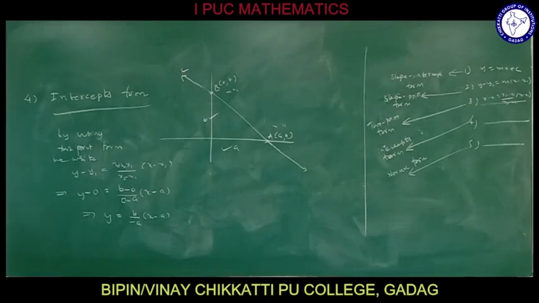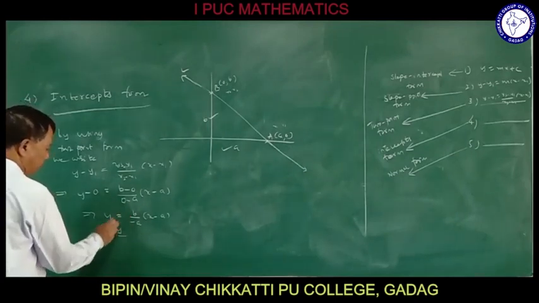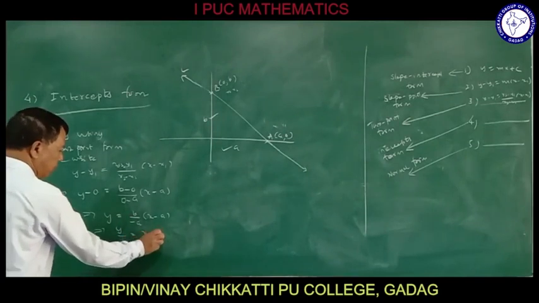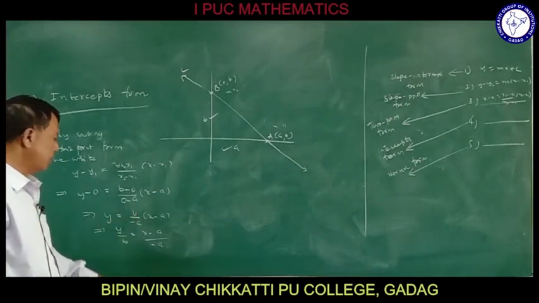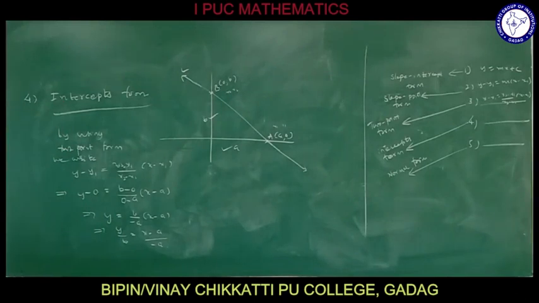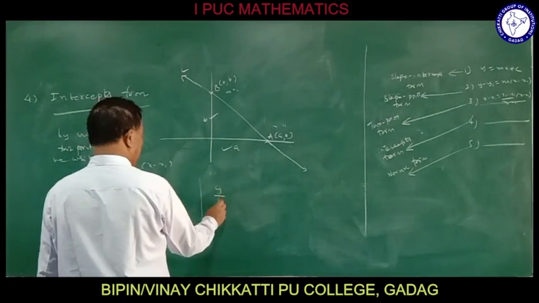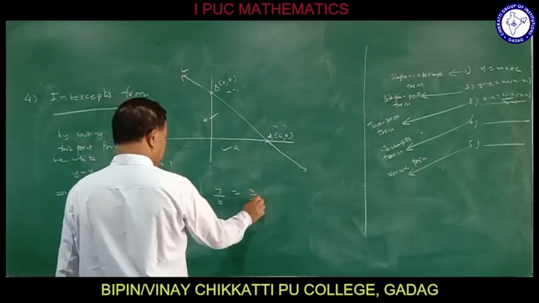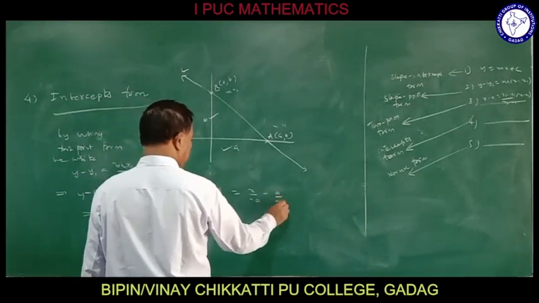And y by b is equal to (x minus a) divided by minus a, bringing b to this side. Now how to simplify x minus a divided by minus a? Look at this: y by b is equal to x divided by minus a, minus a divided by minus a.